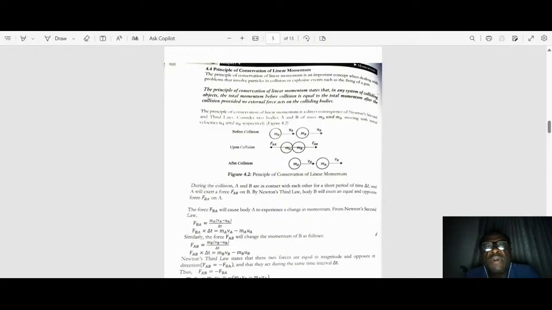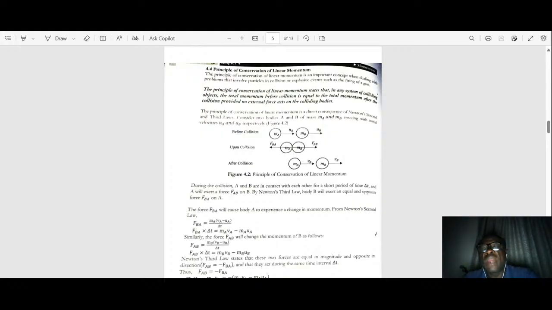The principle of conservation of linear momentum states that in any system of colliding bodies, the total momentum before collision is equal to the total momentum after collision, provided no external force acts on the colliding bodies. That is the principle of conservation of linear momentum.